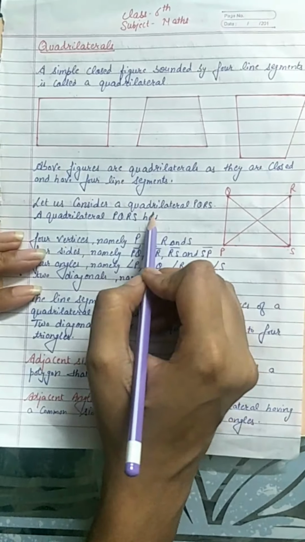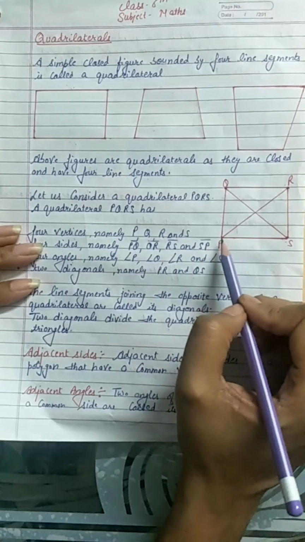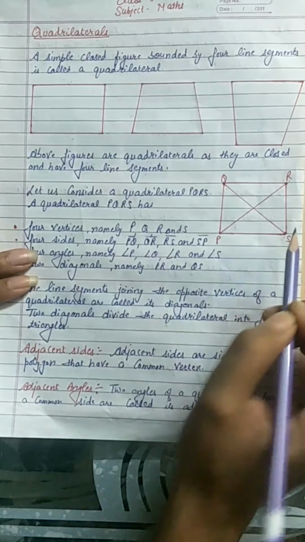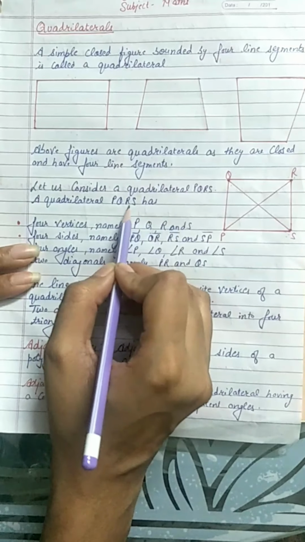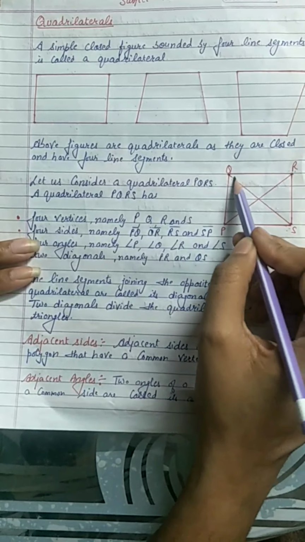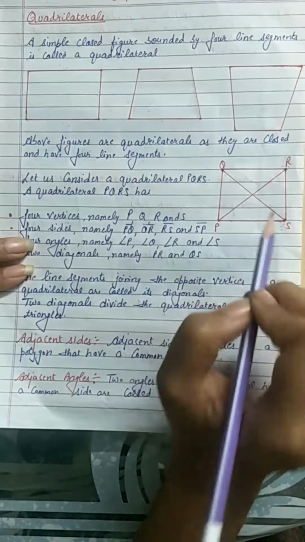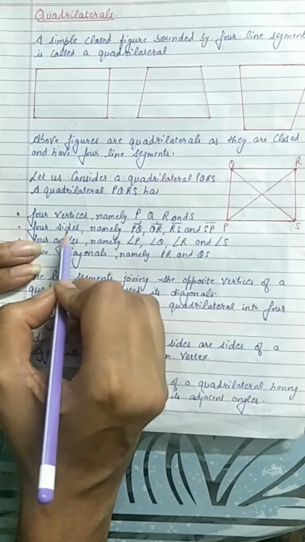Let us consider a quadrilateral PQRS. A quadrilateral PQRS has 4 vertices: P, Q, R, S. Always remember a quadrilateral has 4 vertices. A quadrilateral has 4 sides.